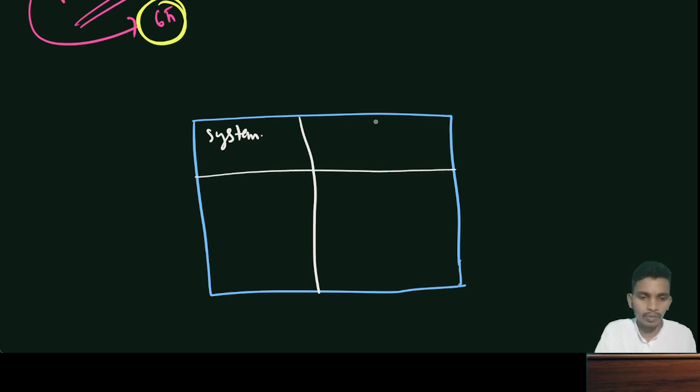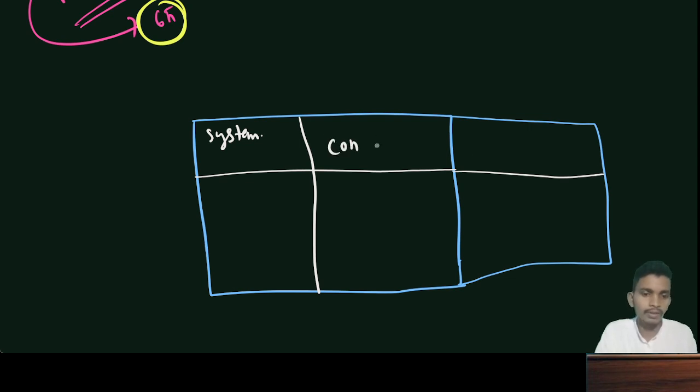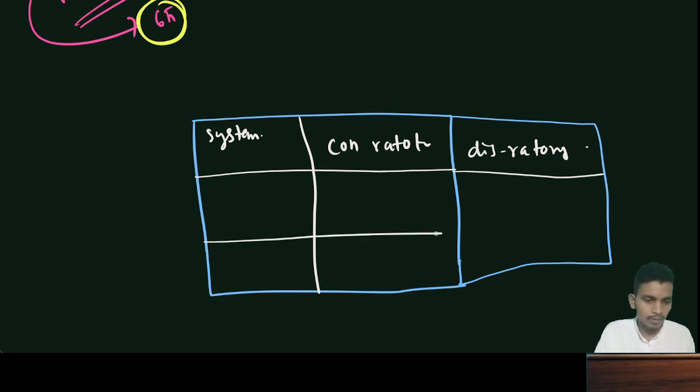Now we will look at whether it is conrotatory, and this one we say disrotatory. So what systems are there?